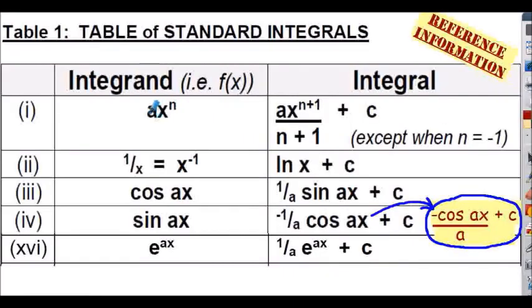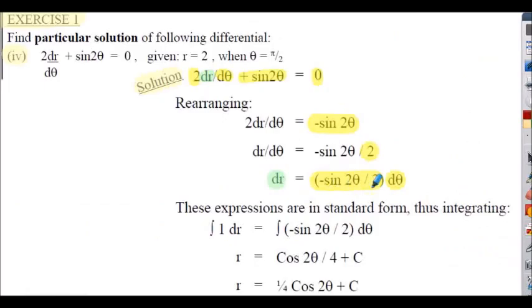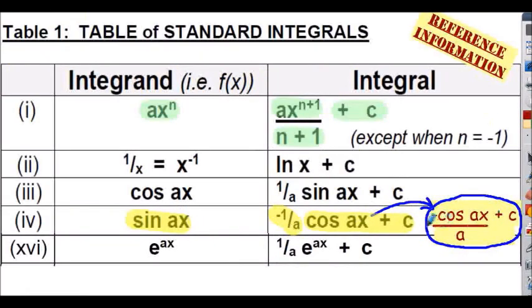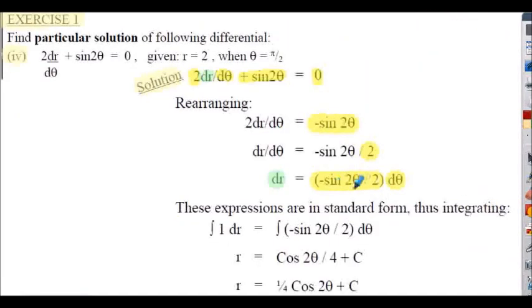Both sides of the equation are standard form. The left-hand side associated with the r variable is of the ax to the n format, or integral shown here, and the sine ax integrand integrates to negative 1 upon a multiplied by cos ax plus c. And again, notice that can be written as negative cos ax divided by a plus c. Now just be careful here, because the sine function is already negative, so when we integrate it using this standard form, which changes the sign, we will move from a negative sine function to a positive cos function.